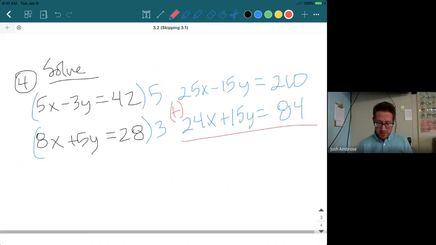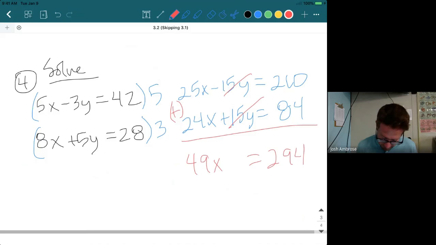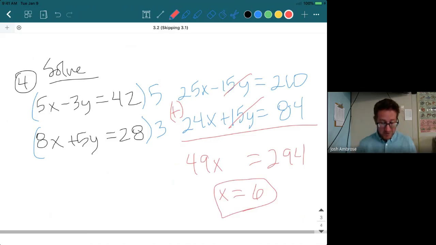Okay, that addition allows us to cross these guys out, a negative 15, a positive 15, they eliminate each other. Then you have a 25 plus a 24 equaling 49x, and then 210 plus 84 equaling 294. Divide that by 49, and it works out perfectly. X equals 6.